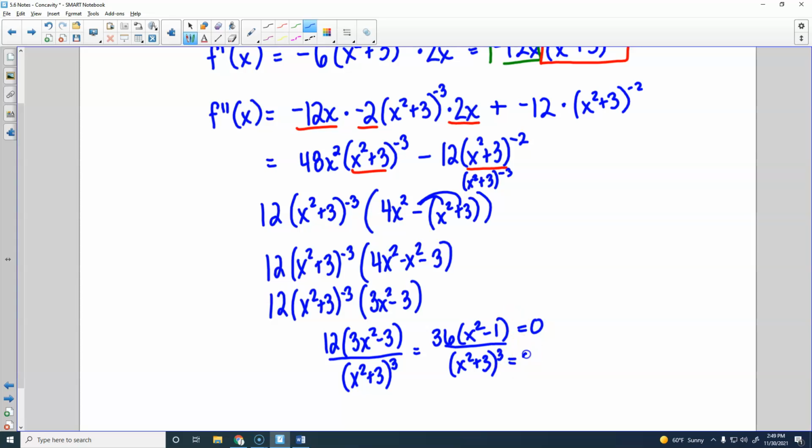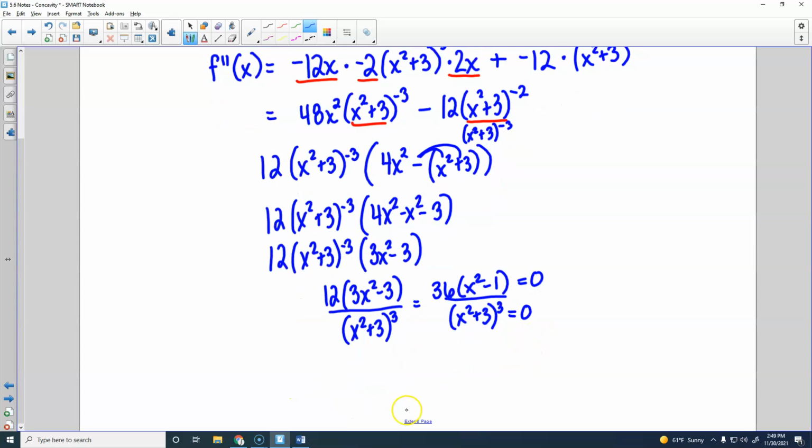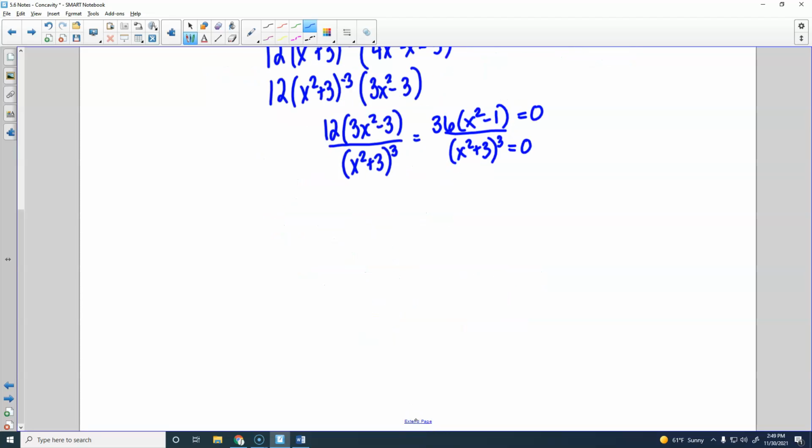Set the top and bottom equal to 0. Is that bottom ever going to equal 0? x squared plus 3? You just get rid of both sides, and then you subtract it down. Yeah, so if you cube root, you'll get x squared plus 3 equals 0.